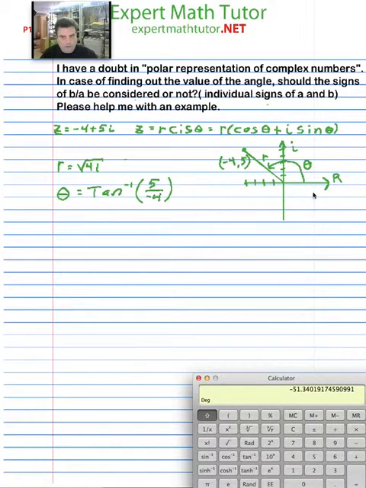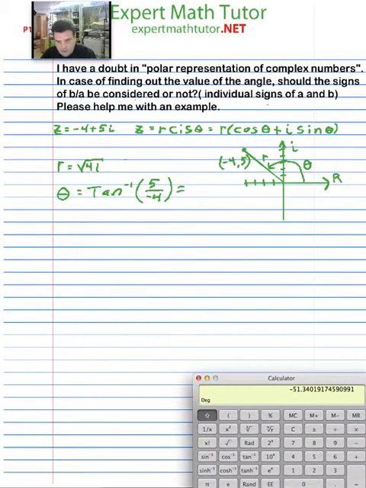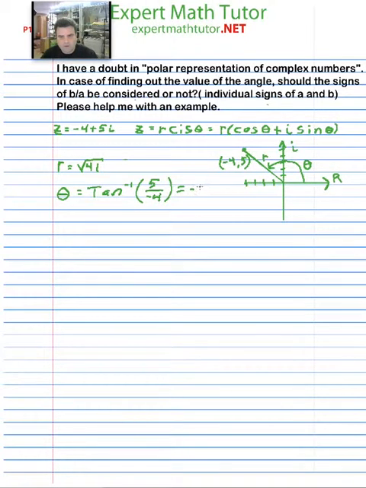So we know that from the positive horizontal axis to the negative horizontal axis, that's 180 degrees. So since this is equal to, oh, I need to see that again, -51.34 degrees. I think I said 4, 3, but I think I saw 3, 4. So that's this angle right here.